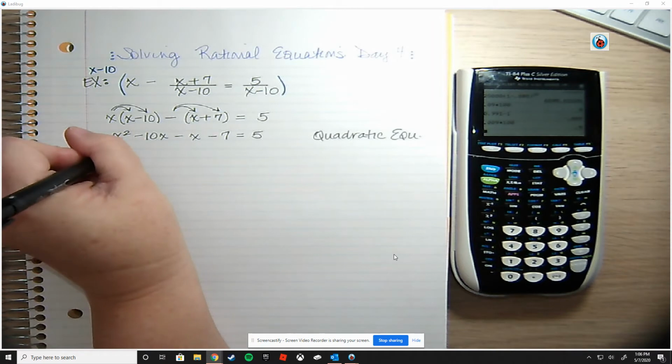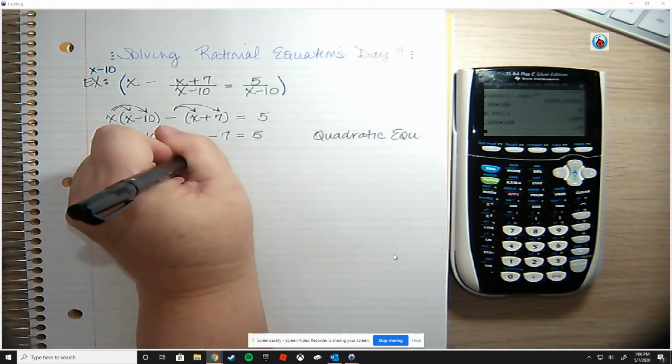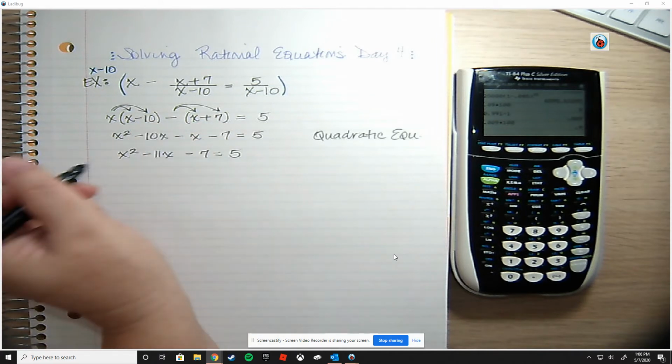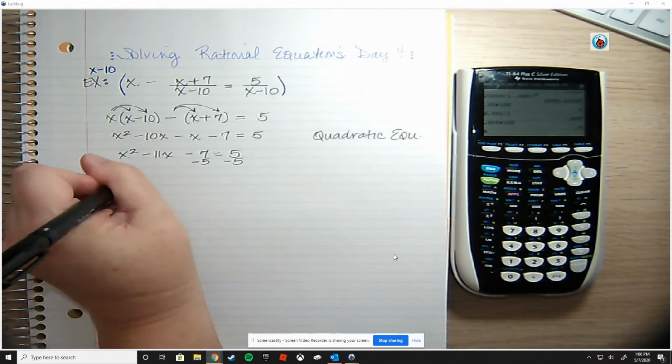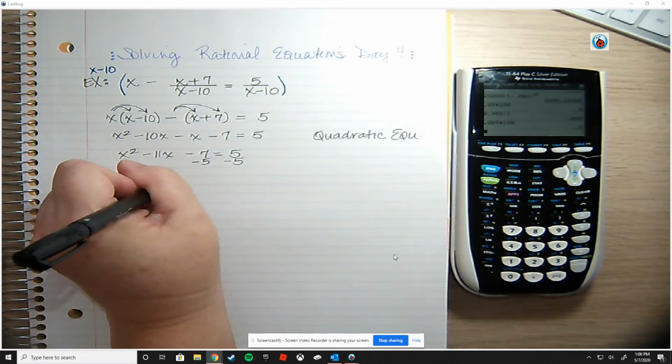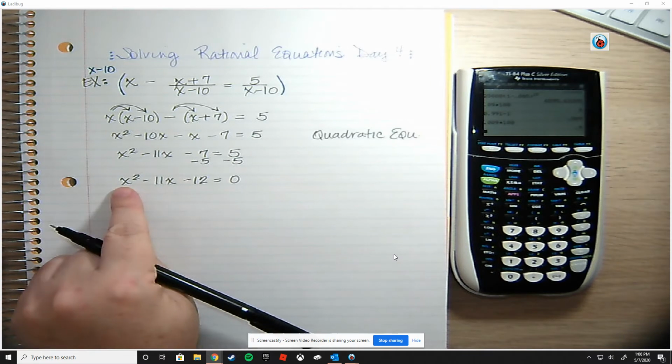So x squared minus 11x minus 7 equals 5. And now I'm going to subtract 5 from both sides. So I have x squared minus 11x minus 12 equals 0. So it has to equal 0, and that would set you up for the quadratic formula or factoring. Okay.